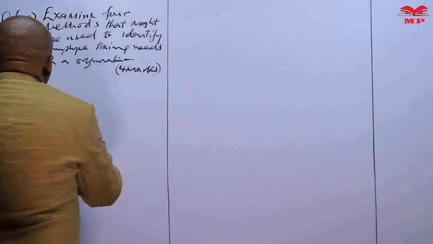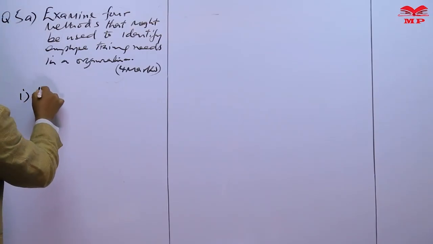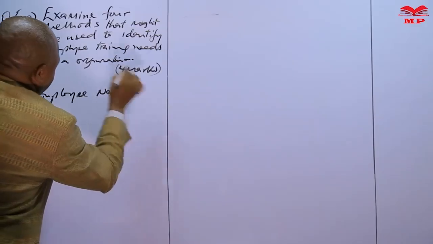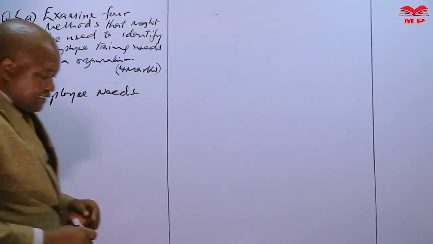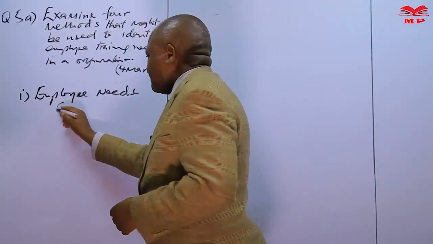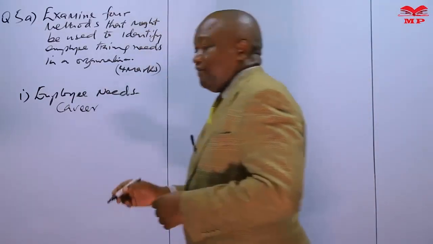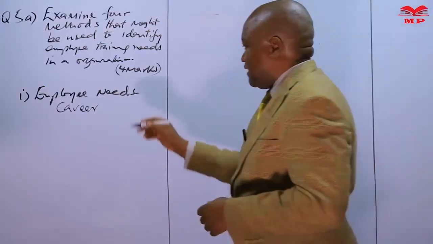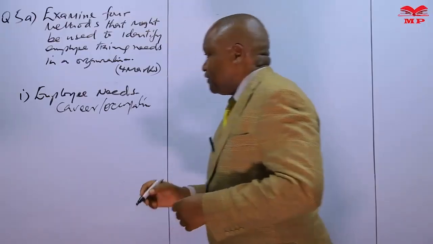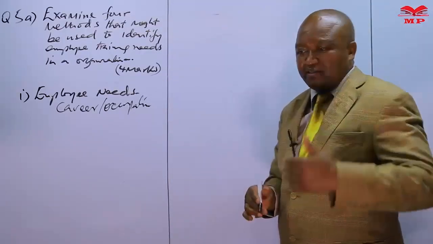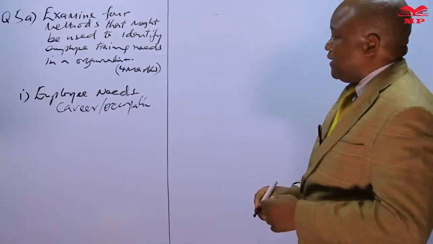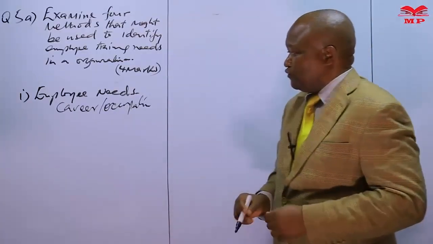The first one, employee needs. What this implies is that a given employee may have an interest in a given career, a given occupation, and that employee may have done some training in that area and feels that for them to progress to another level, they require some element of training.